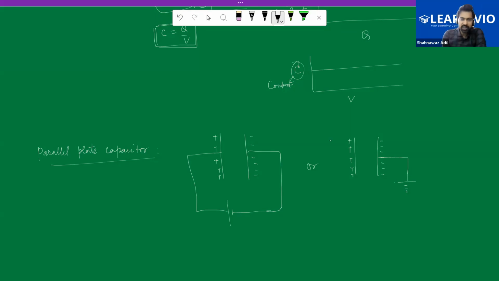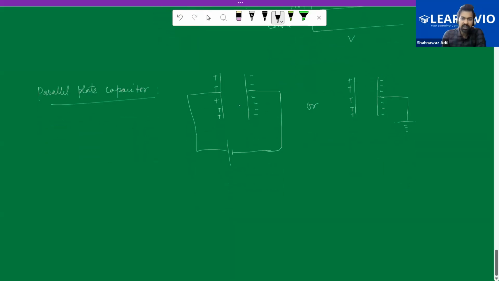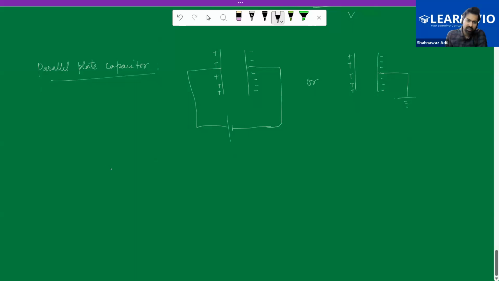So this is how we denote the parallel plate capacitor, right? Can you guys tell me what is the capacitance of a parallel plate capacitor?